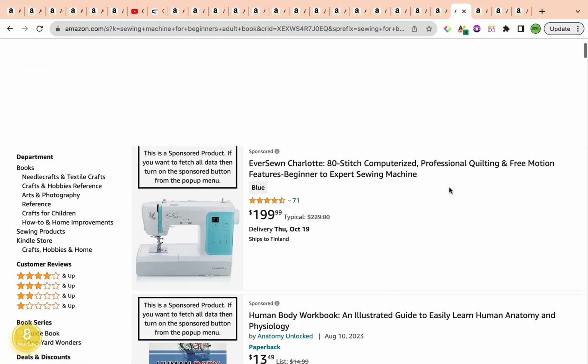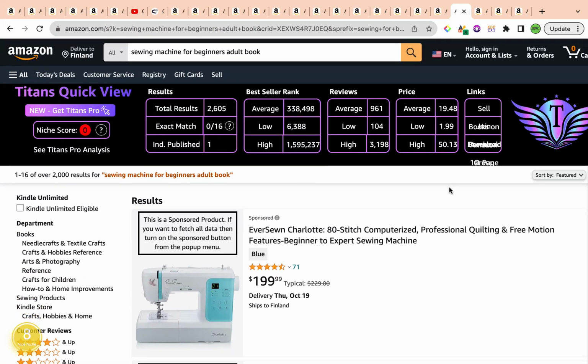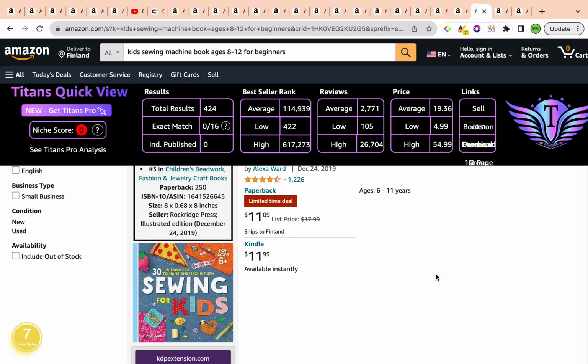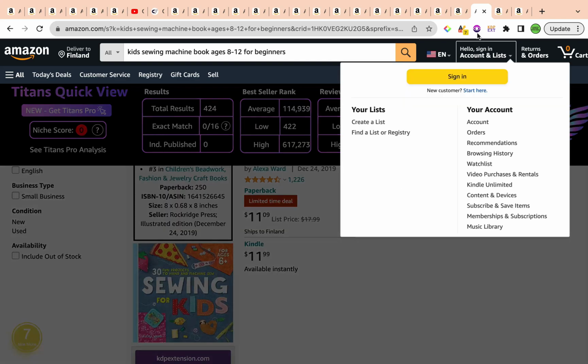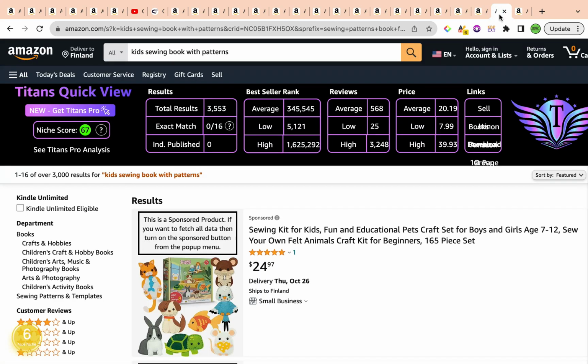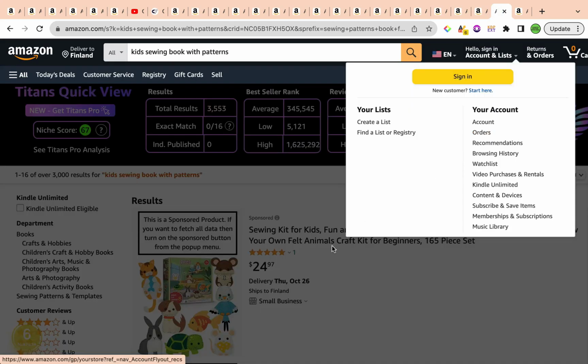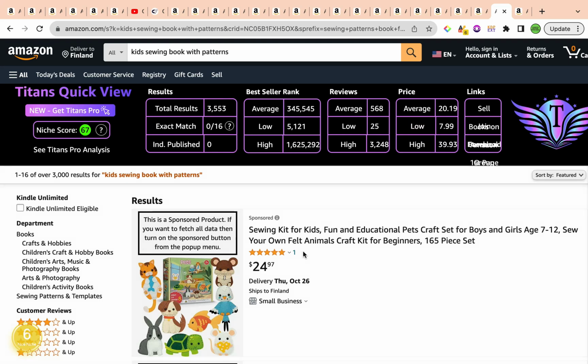And the third one was Sewing Machine for Beginners adult book with a keyword niche score of 8 by Amazon Scout Pro. The fourth one was Kids Sewing Machine book, ages 8 to 12 for beginners with a keyword niche score of 7. And finally, Kids Sewing Book with Patterns with a keyword niche score of 67.